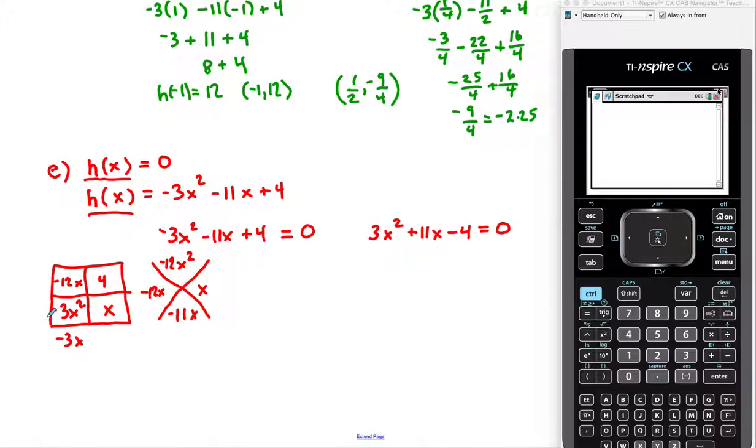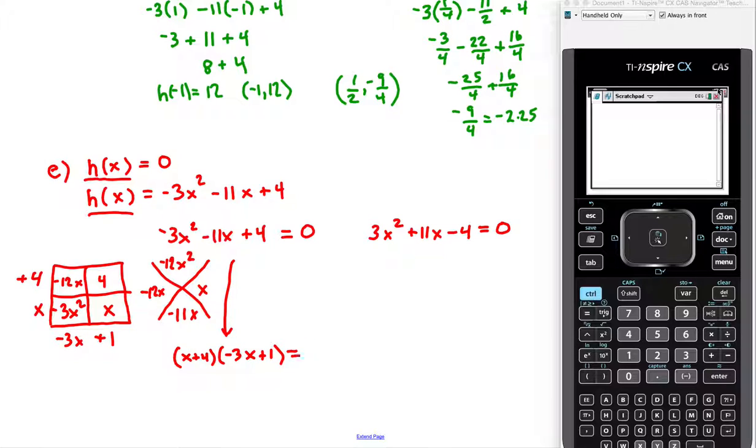Negative 3x times x gives me negative 3x squared, and negative 3x times positive 4 gives me negative 12x. X times positive 1 here will give me positive x, and then 1 times 4 gives me 4. So I've factored that. We now have x plus 4 times negative 3x plus 1.